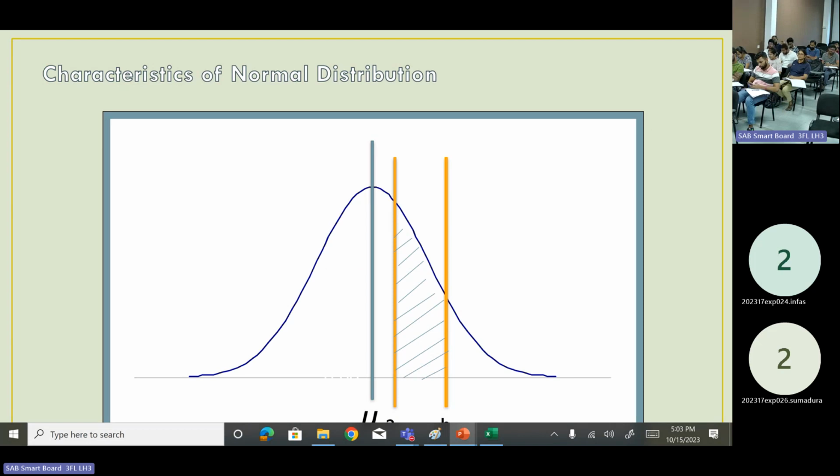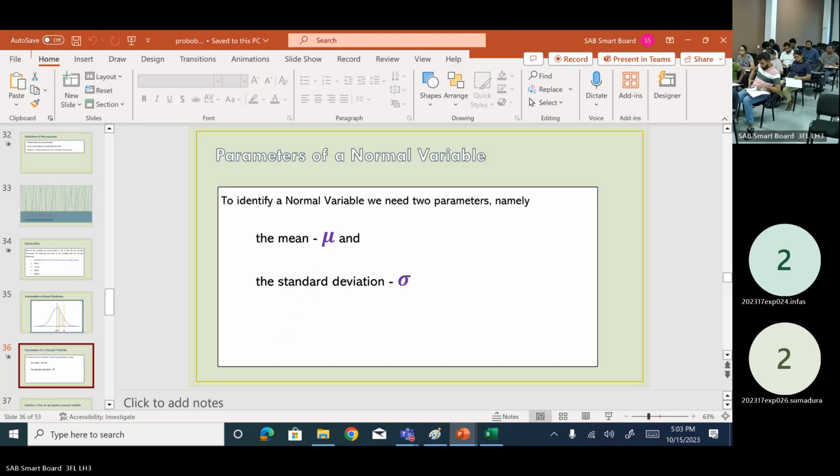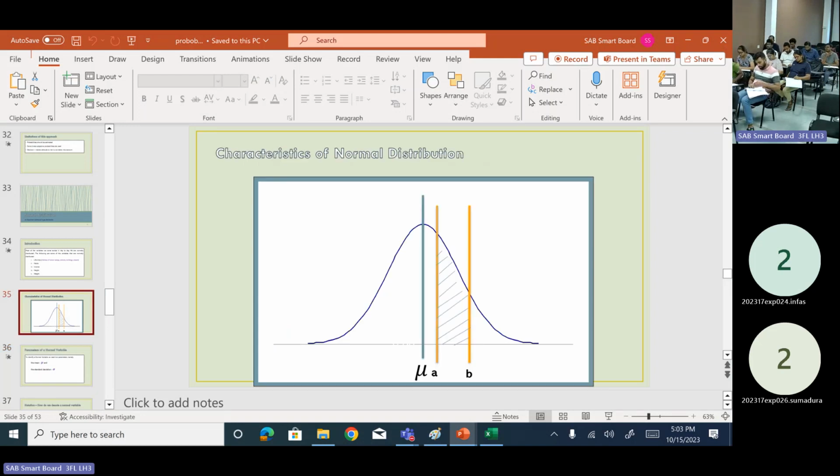The next one is the characteristics of normal distribution. So you have to draw a horizontal line, then this bell-shaped curve. When you draw this curve, it should not touch the line at both ends. It gets closer and closer but doesn't touch.